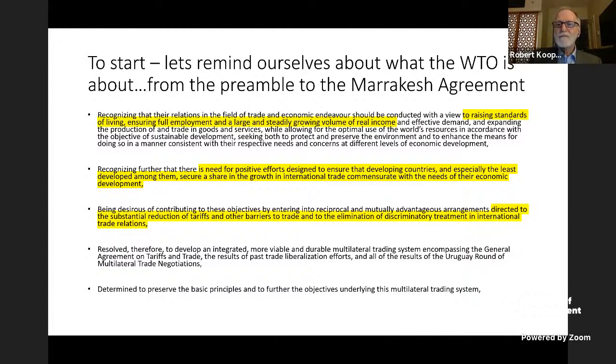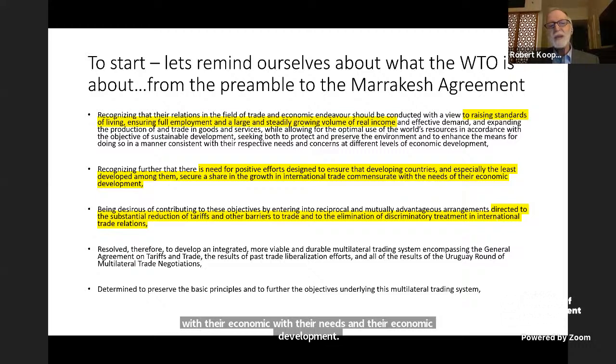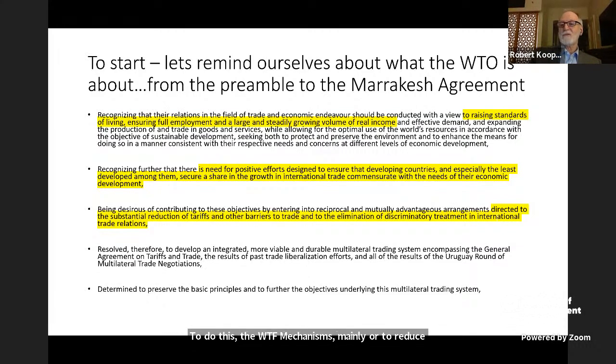I think people often forget this, but the whole idea, and by the way, my new boss, Ngozi Okonjo-Iweala, reminds us of this all the time, is to raise standards of living, ensuring full employment and a large and steadily growing volume of real income. There needs to be positive efforts designed to ensure that developing countries and the least developed secure a share of growth in international trade commensurate with their needs of their economic development. To do this, the WTO's mechanisms mainly are to reduce tariffs and other trade barriers. Okay, but it's also very clear.